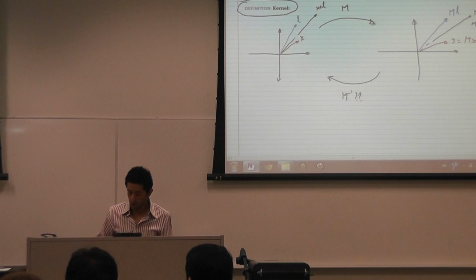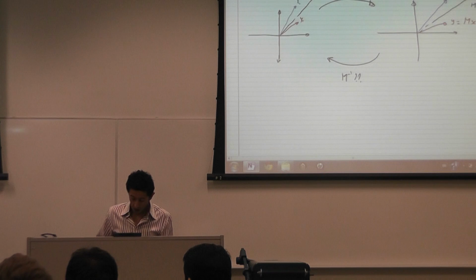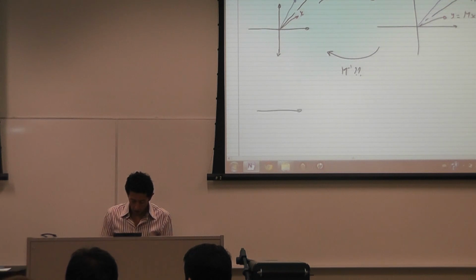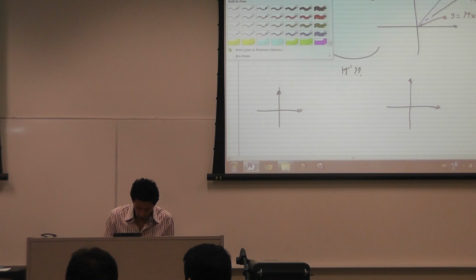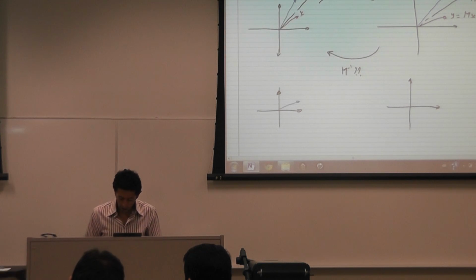The existence of the inverse of a matrix depends on what's happening to its kernel. What's a kernel? As we said, a matrix will take vectors and give me other vectors. This vector might keep its length or change its length, might keep its direction or change its direction, but it will get a vector.